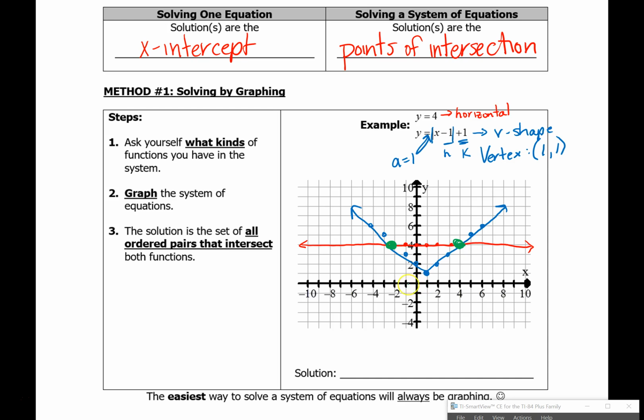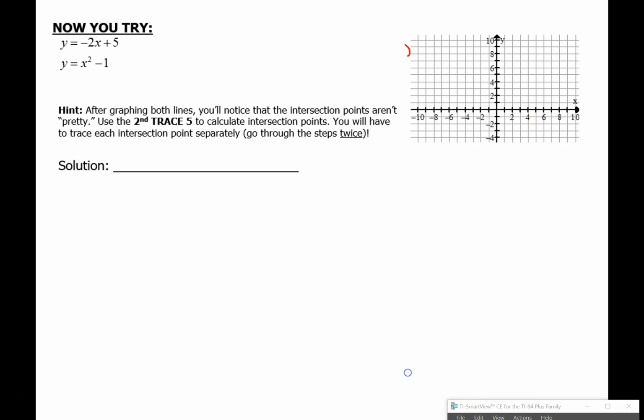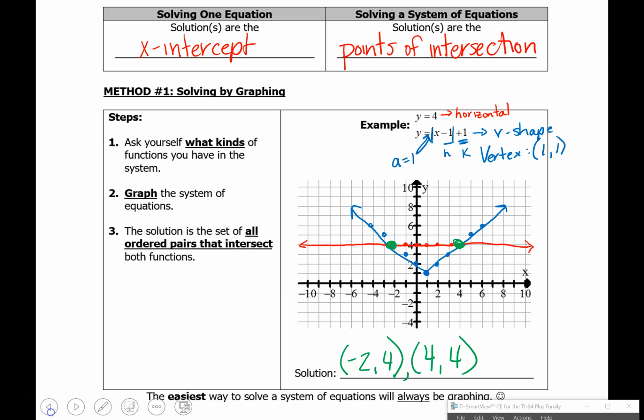Those ordered pairs are (-2, 4) and (4, 4). So those two ordered pairs are going to be my solutions for this first system of equations. The easiest way to solve systems of equations will always be by graphing, because all you have to do is draw the 2 lines or 3 lines or however many are in the system and then look for intersection points.